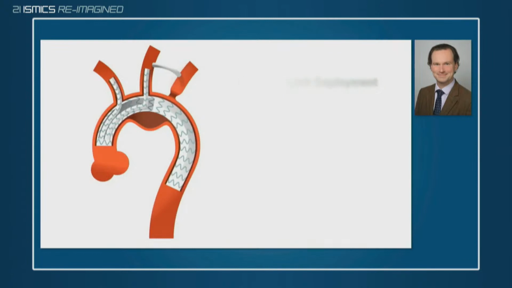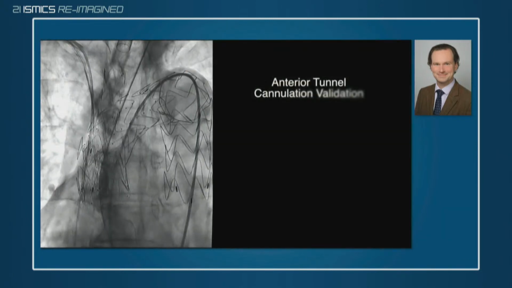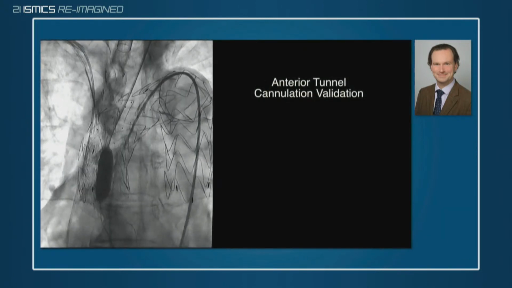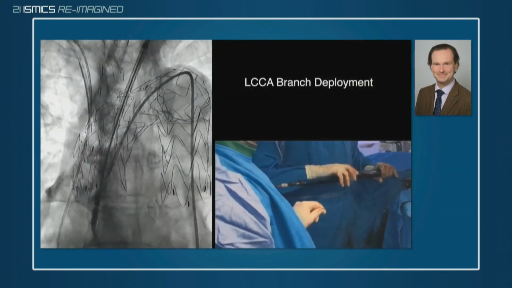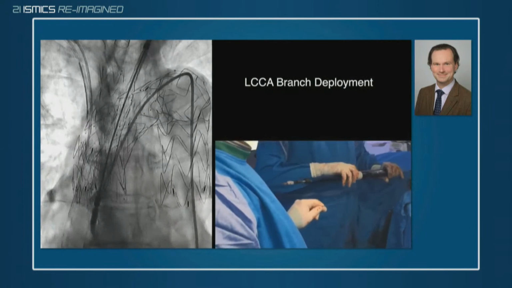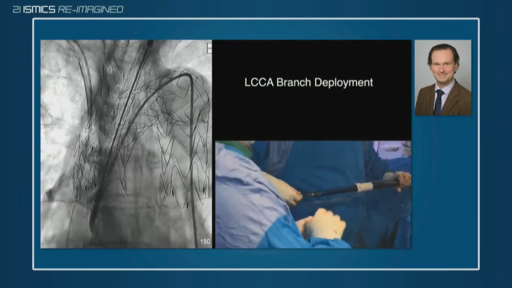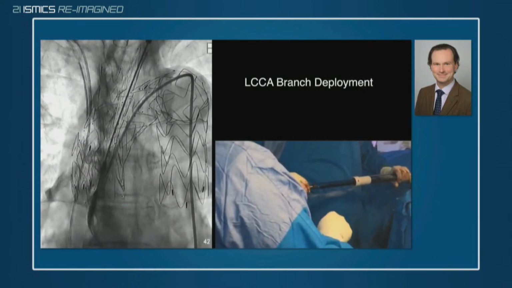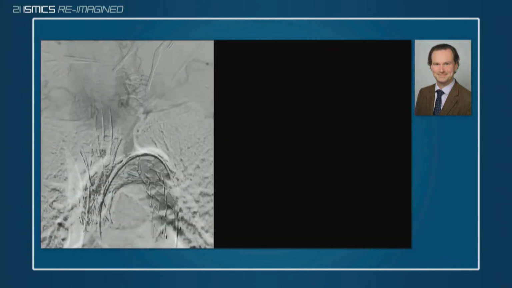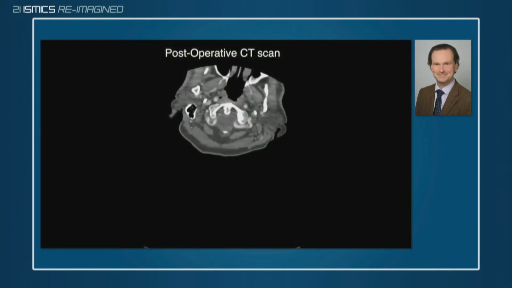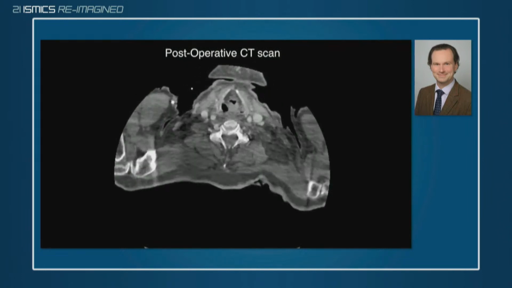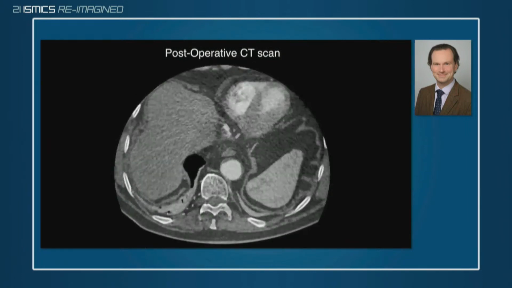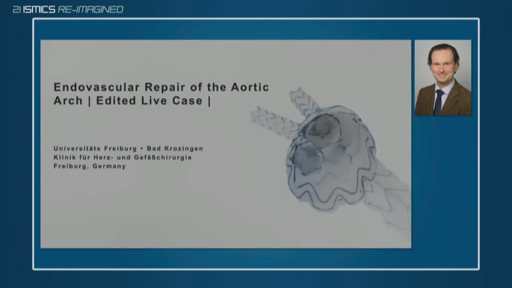As said, the left subclavian still has to be revascularized in a classical fashion, either by an 8 mm Dacron graft or by transposition, according to individual preference. And here, the completion angiography with regular patency of the supraortic branches and the CT scan showing a successful and complete exclusion of the lesion.